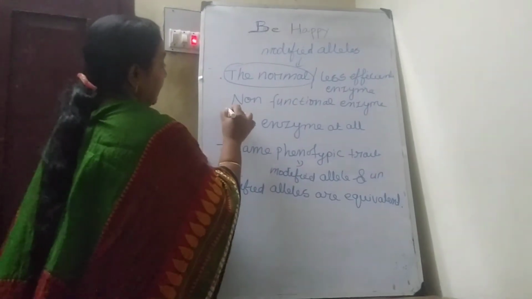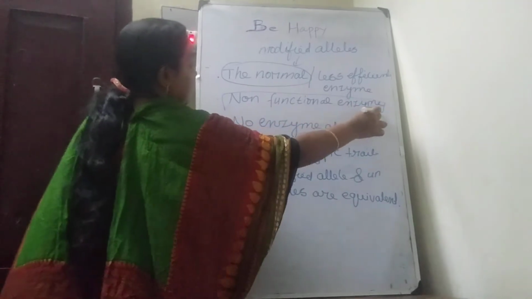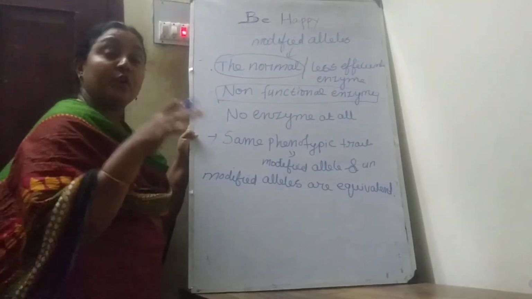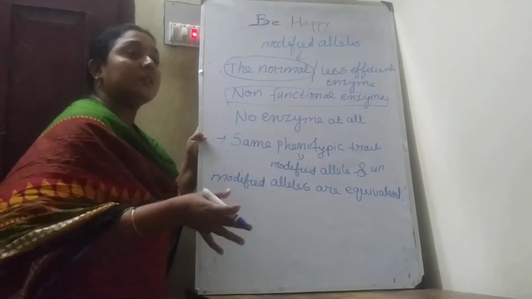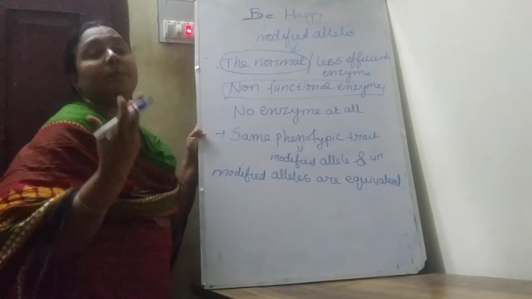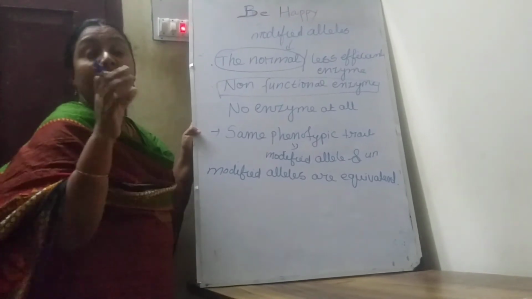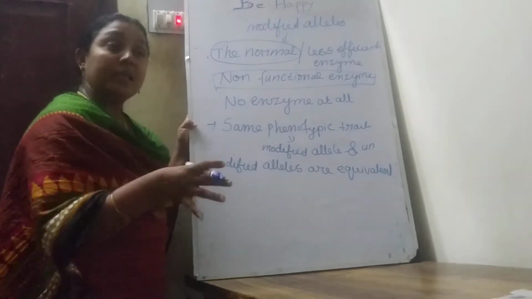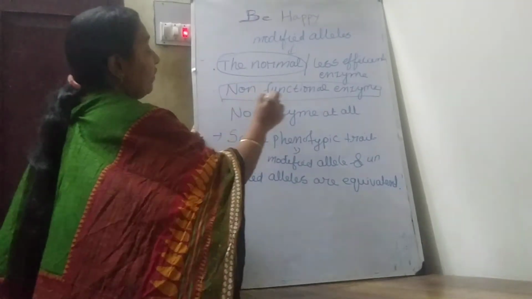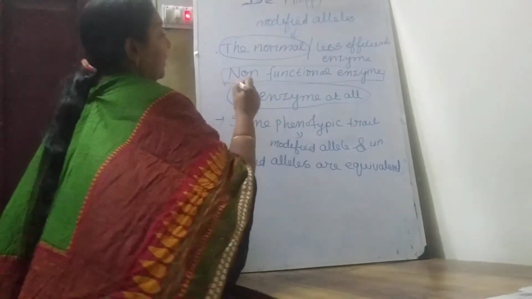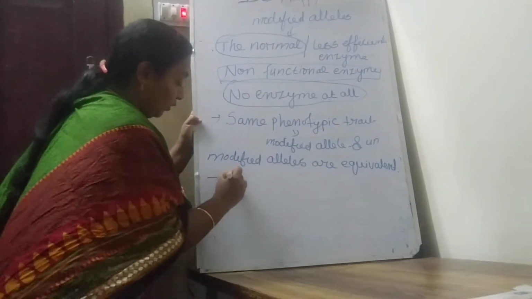Next we have to study the second case. If the allele produces a non-functional enzyme or no enzyme, the phenotype may be affected. If the allele produces a non-functional enzyme or no enzyme at all, it can affect the phenotype.